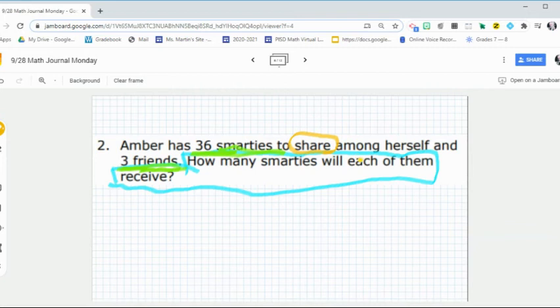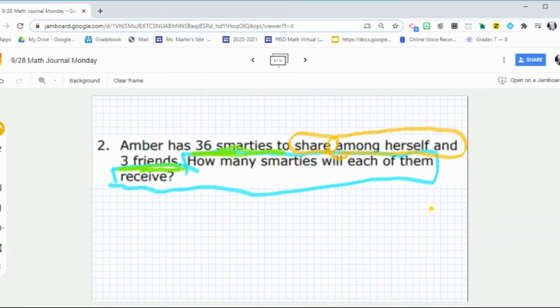Hint, that's going to help us decide what math we can use to solve it. So Amber has 36 Smarties to share among herself and 3 friends. That tells us something very important as well.